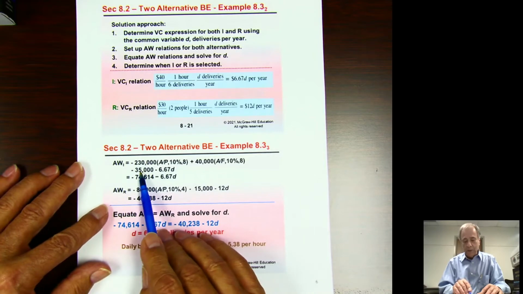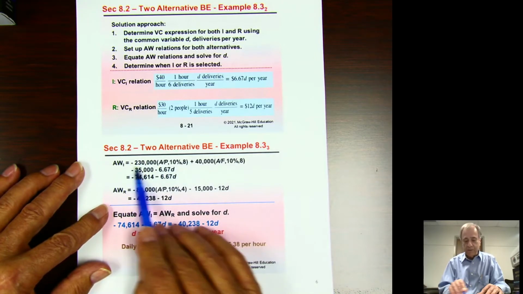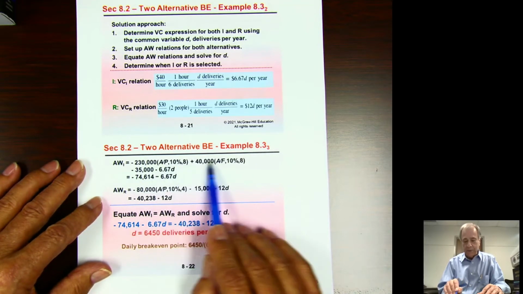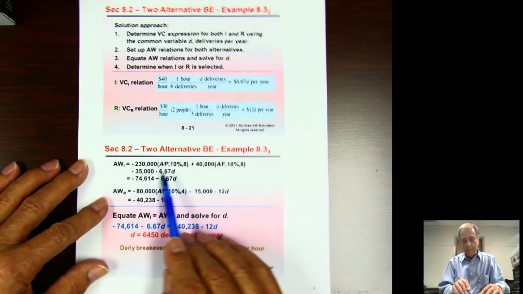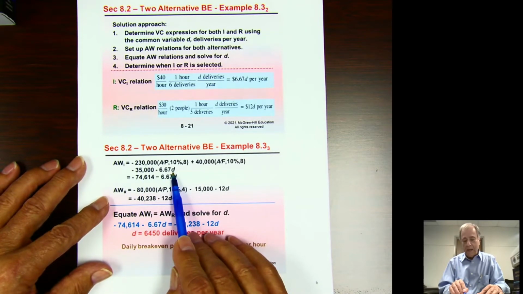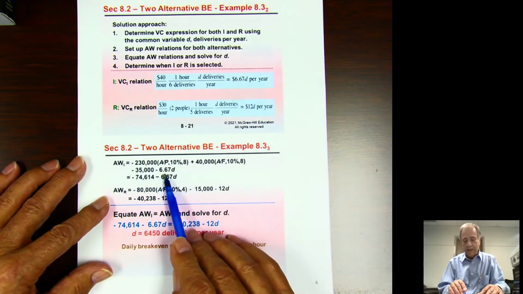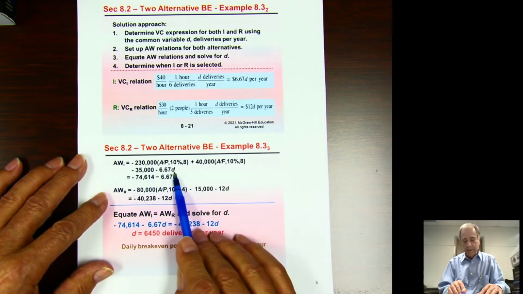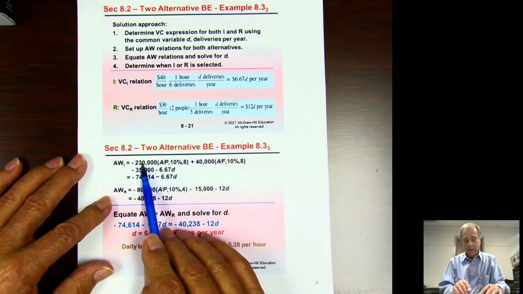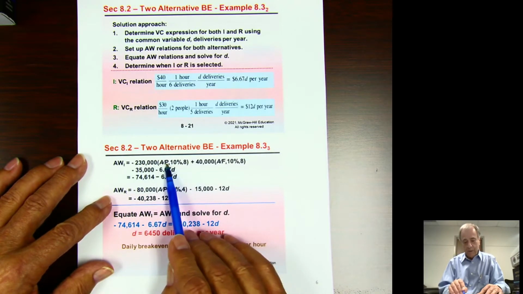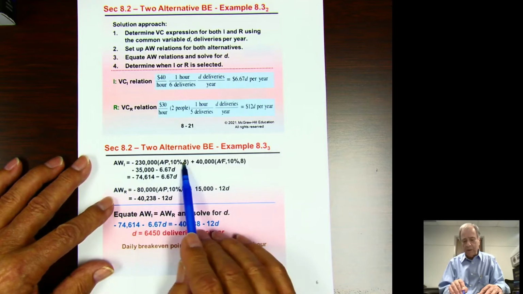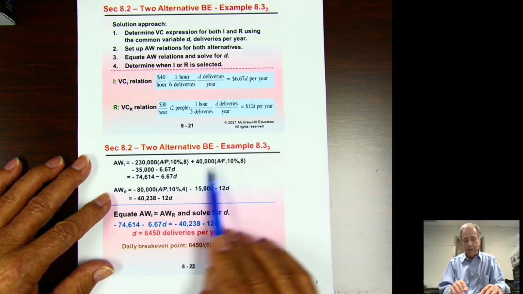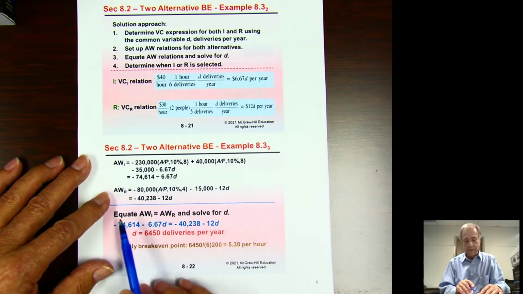So your annual cost of owning that drone is equal to, if you do the math with this and this, you come up with minus $35,000, and then you add the variable cost, 6.67 times D, and this is going to be dollars per year then. This will give you dollars per year, and this will give you the relationship.